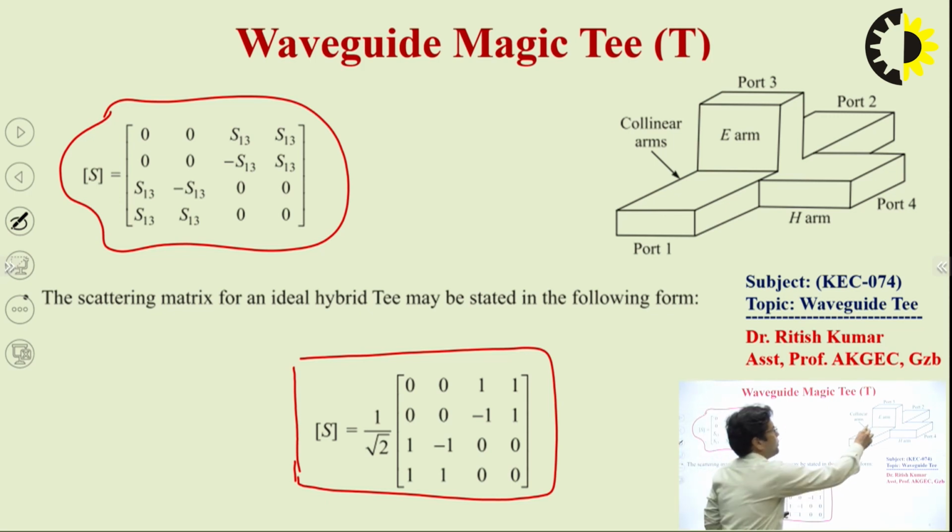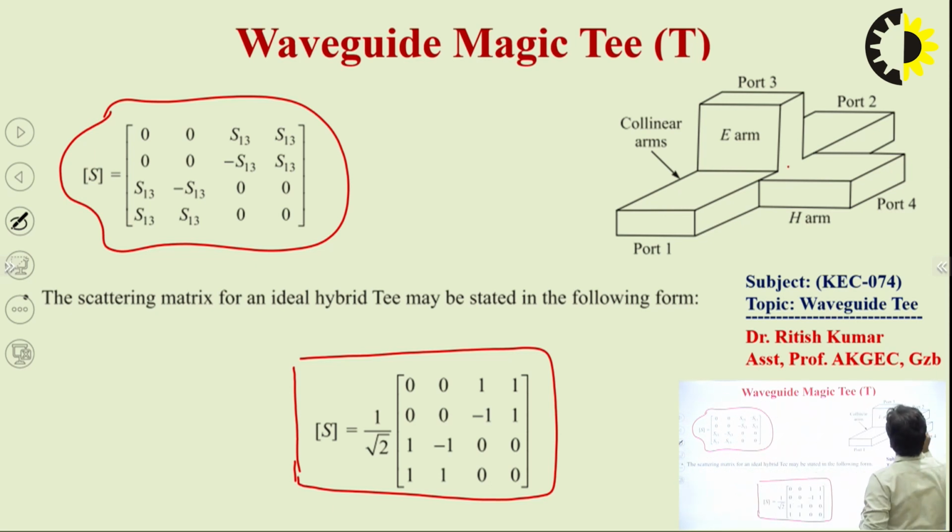So at this junction, whenever we apply power at port number 3, we will have a half power divider at port number 1 and port number 2. Suppose if we apply 6 dB here, we will have, in the ideal case, 3 dB and 3 dB. This is a half power divider.